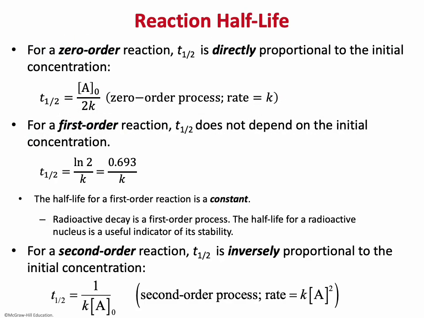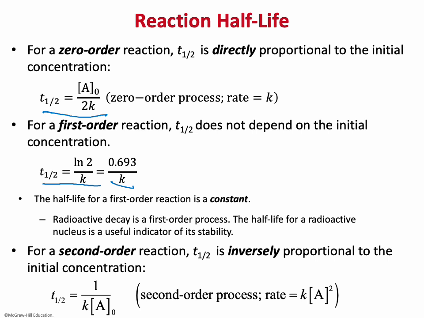So for instance, these are the equations for zero order. T half is equal to A0 over 2K. For first order, t half is equal to ln 2 over K, which is basically natural log of 2, 0.693, divided by K. For a second order kinetics, it would follow this expression. Again, you do not have to memorize these, they will be provided to you.